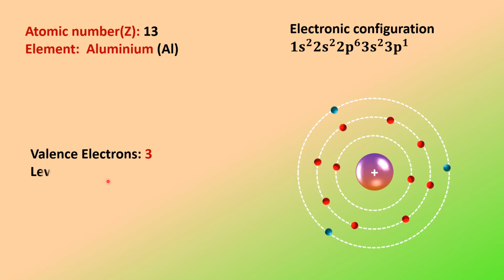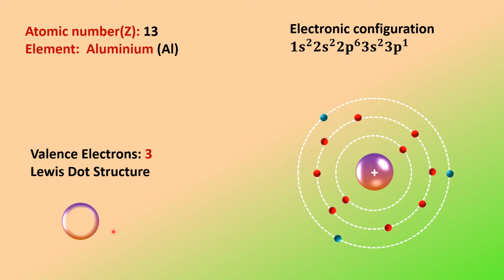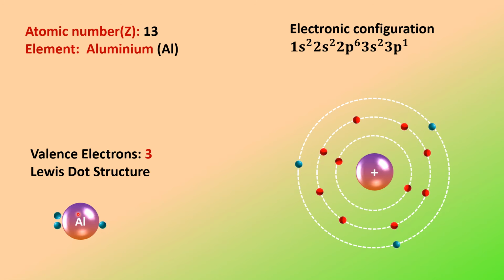Now we'll write the dot structure for aluminium. Aluminium nucleus with 3 electrons, which are the valence electrons, 3s2, 3p1: 1, 2 and 3. Now we'll see the 14th element, which is silicon.